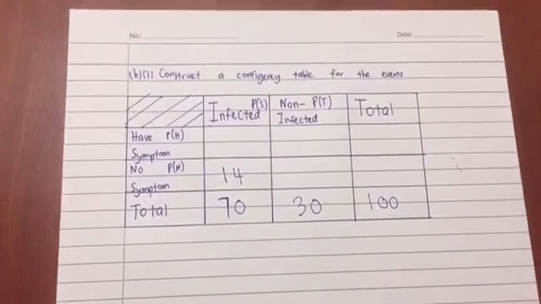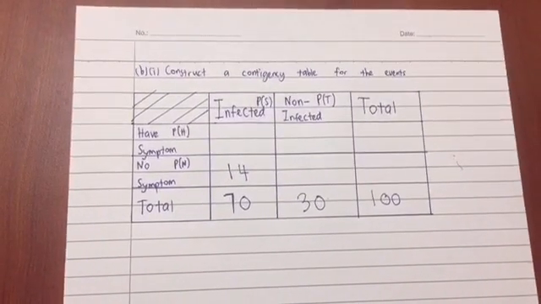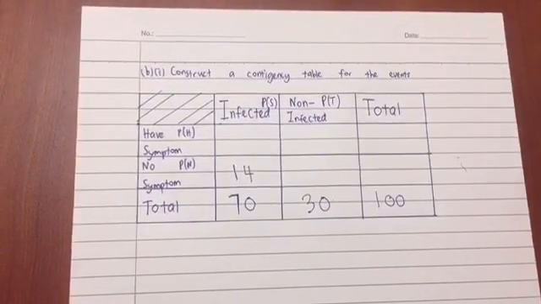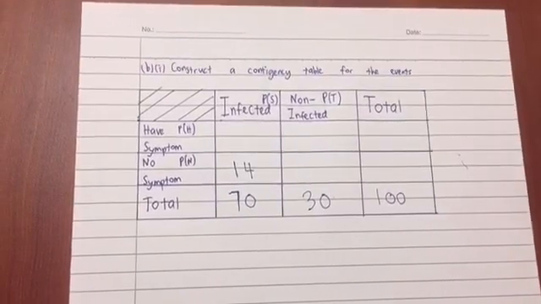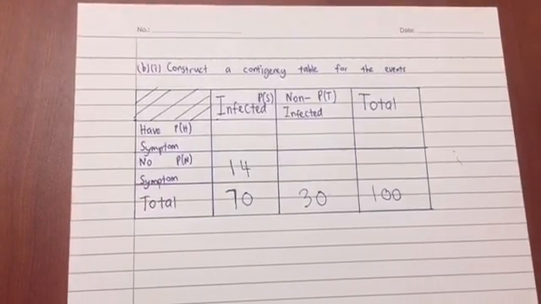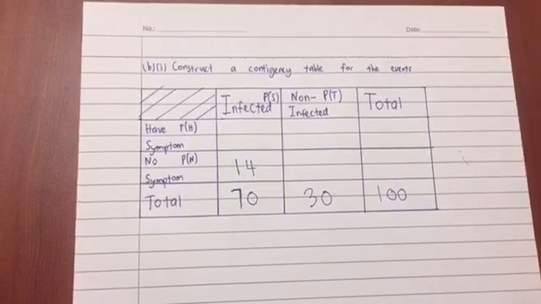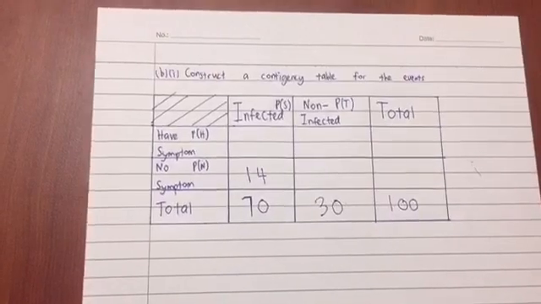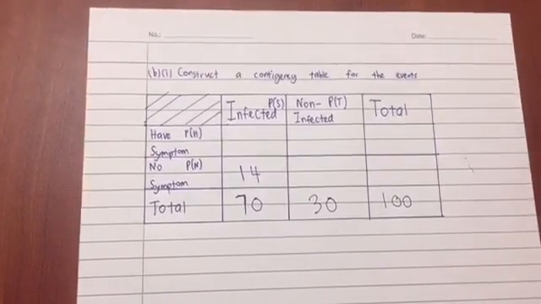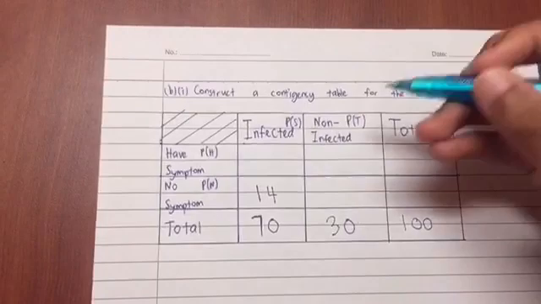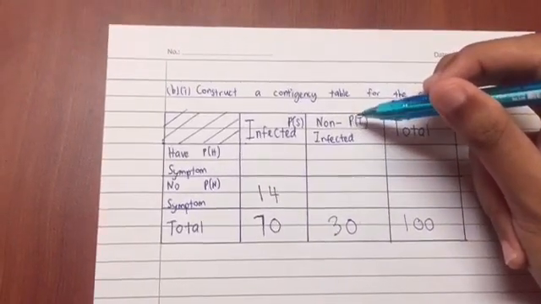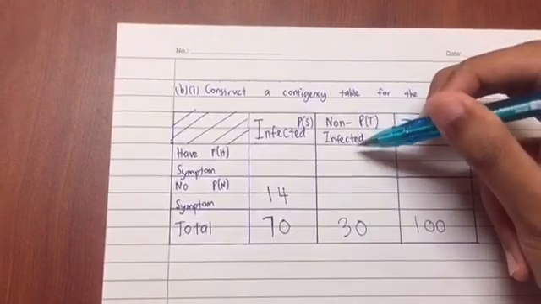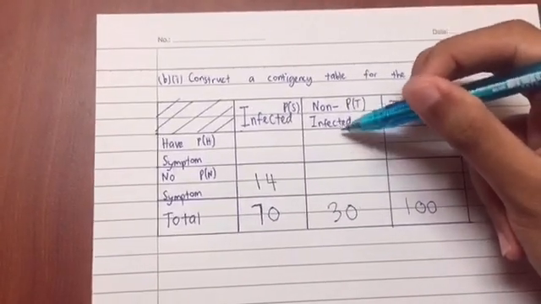For the next task, the question states that 10% of those who are not infected do show the symptoms of COVID-19 virus. So the not infected here, and they do show the symptoms, which is have symptom, and the value must be in here.